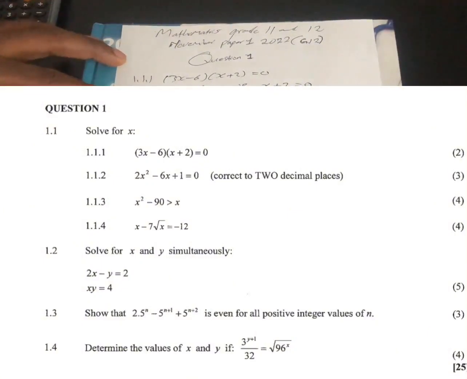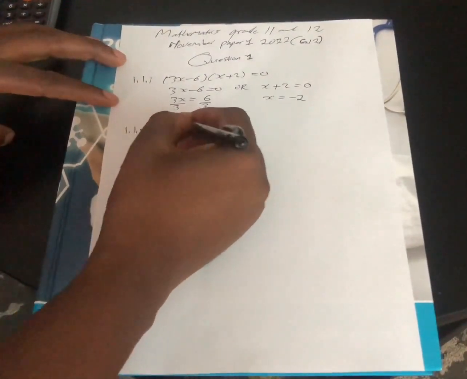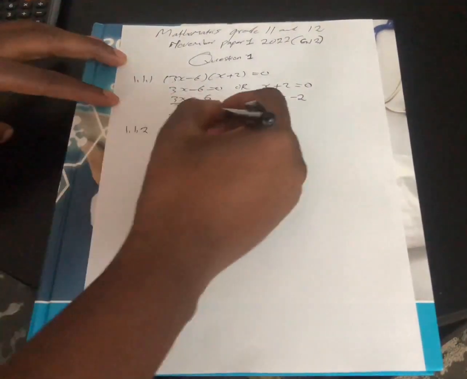With that statement to say correct to 2 decimal places, they are indirectly telling you that you should use the quadratic equation. So you are going to use the quadratic equation to solve this question.